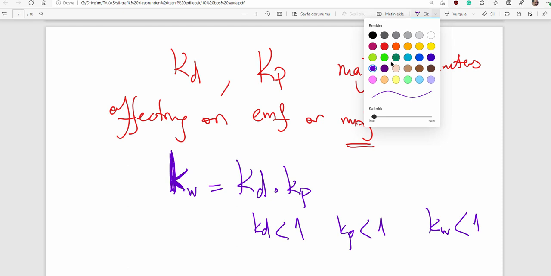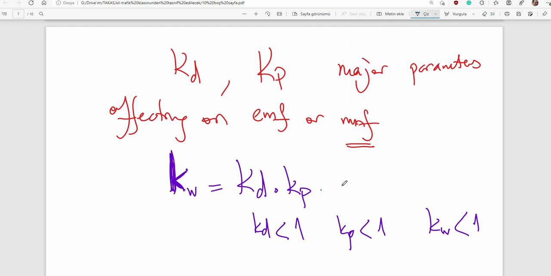In fact, there are some more factors I have introduced. One is the skew factor in induction machine theory, and there is another one, K chi. This is a slot opening factor, but they are very rare.